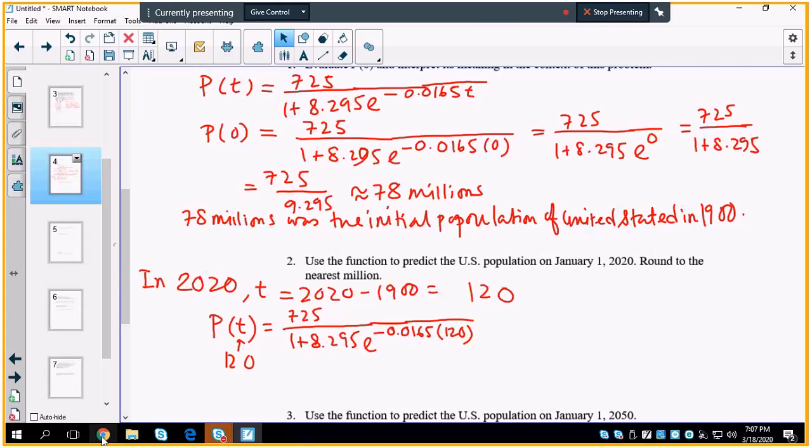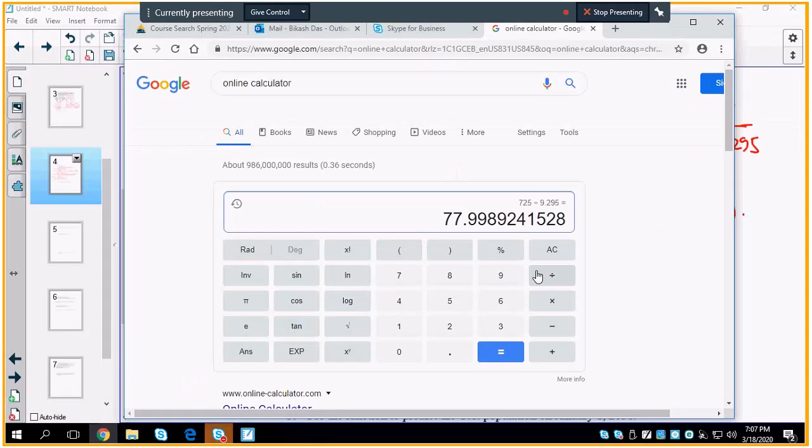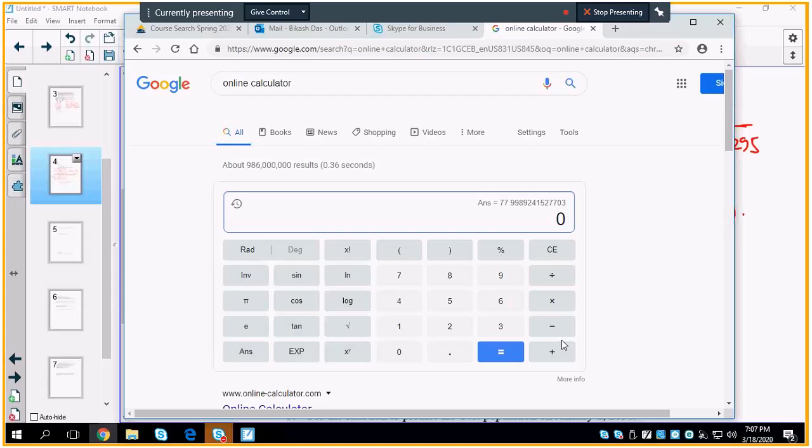We first take care of the power: minus 0.0165 times 120, and I raise e to the power of the answer.